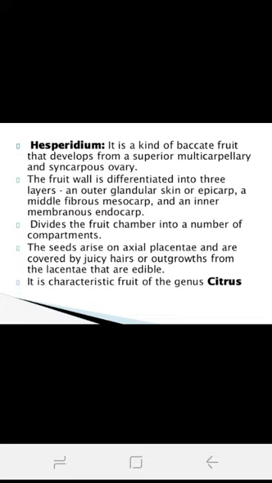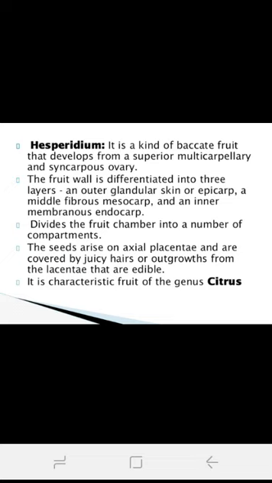Then another example of a fleshy simple fruit is hesperidium. It is a berry-type fruit developed from multicarpellary syncarpous ovary. The fruit wall has three layers: outer glandular skin or epicarp. While squeezing a lemon, the outermost skin is the glandular skin. Then middle fibrous mesocarp and inner membranous endocarp.